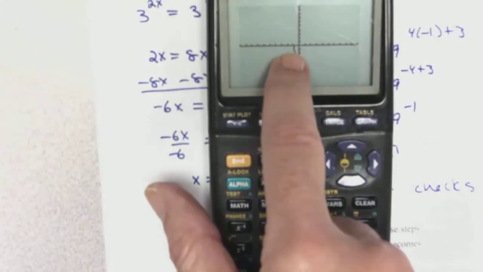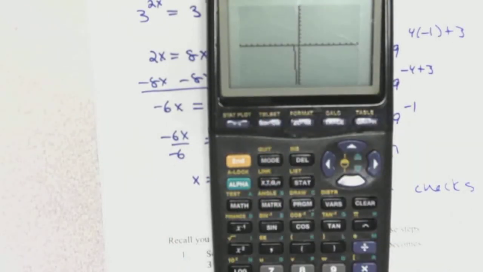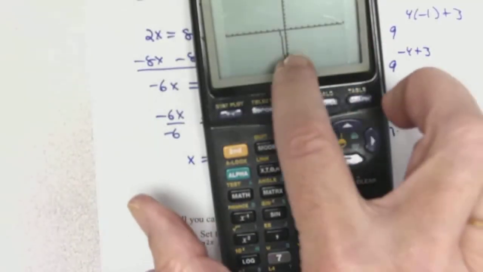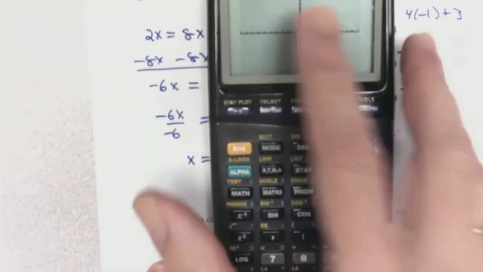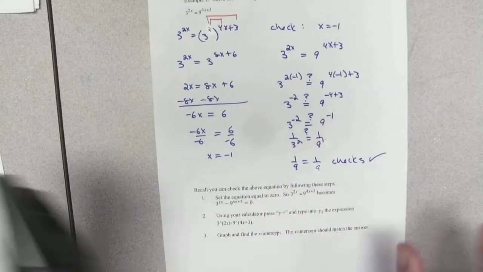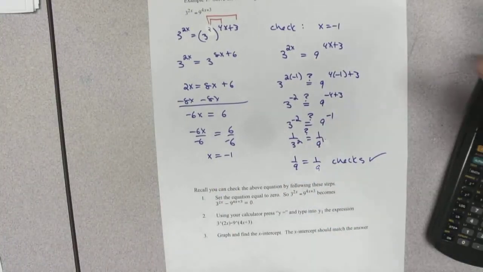It does look like we have an x-intercept at -1, so I feel good about my answer here. Life is good. Check it the old-fashioned way or check it with a calculator. I do have an x-intercept of -1. It checks. Okay, so there's the first one. Zoom back out. Let's do the next problem.